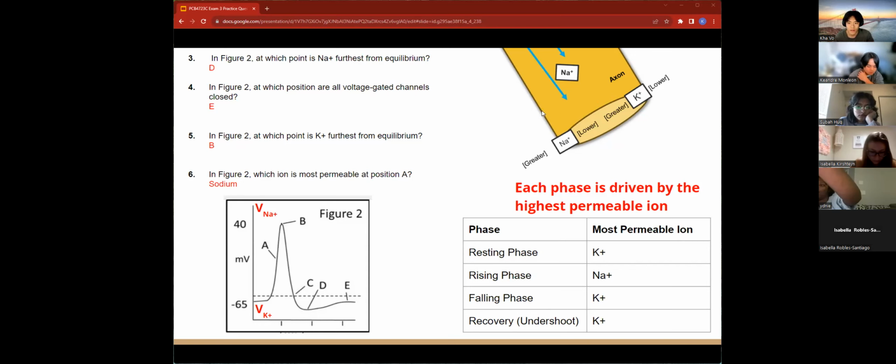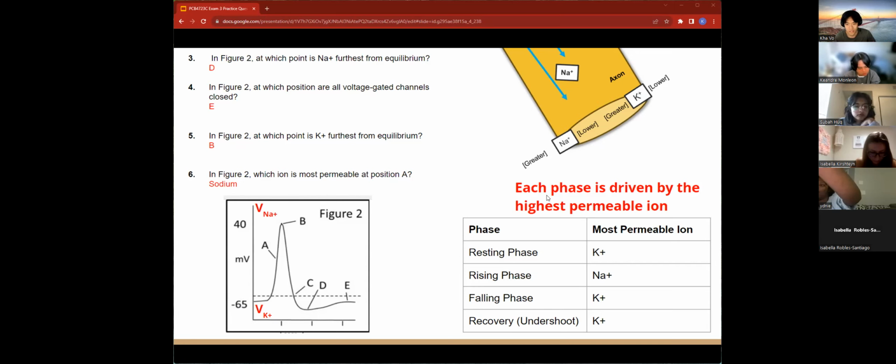If you figure that out with numbers, the Nernst equilibrium voltage for sodium is around 40, or a little bit higher than that. And if you do the same for potassium, you'll find its equilibrium voltage is around negative 65.